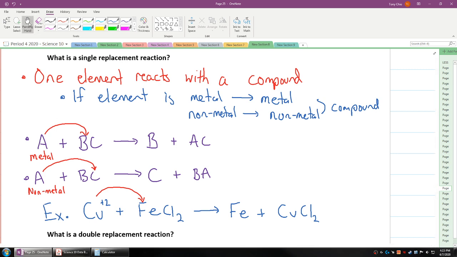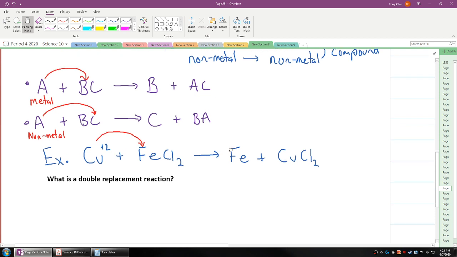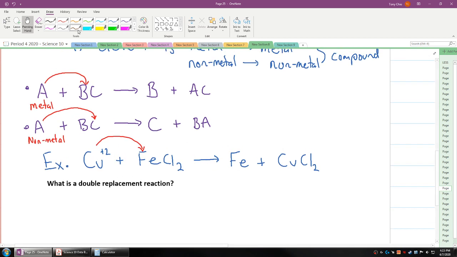Now, if this element was a nonmetal, then you're going to get this swapping with chlorine. For example, if I change this reaction so that instead of copper it's, this time, oxygen. Now, oxygen is a nonmetal. The reason why I'm writing O2 is because it's diatomic. Oxygen will kick out the chlorine.